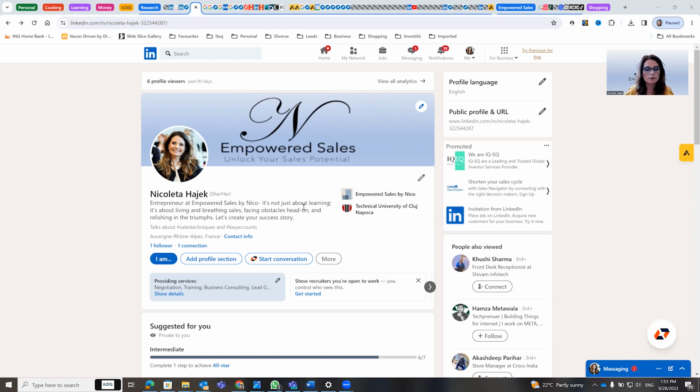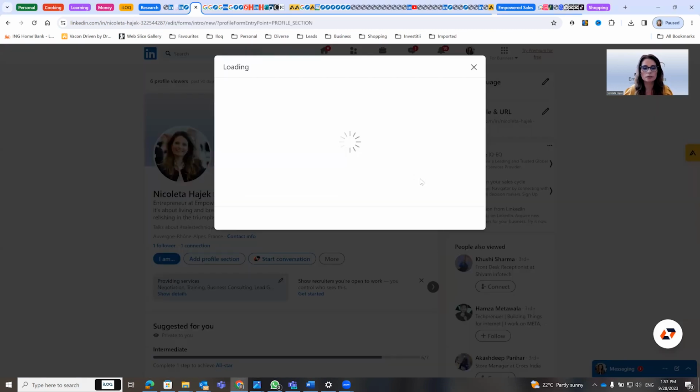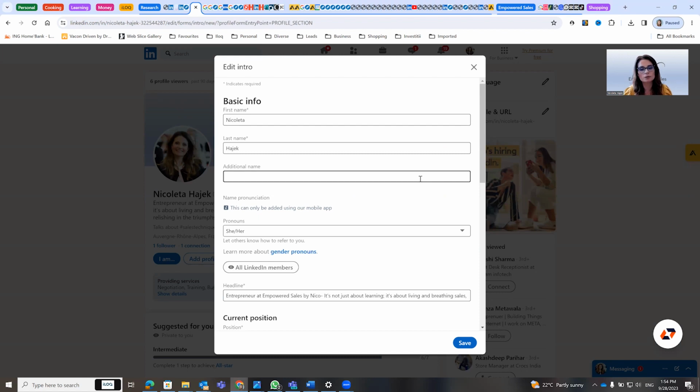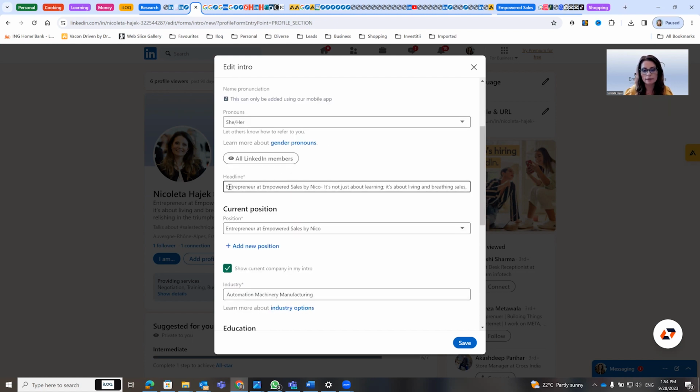Then here you can see you have the space to enter a good headline, talking a little bit in one phrase about you, about your goals, about what you are looking to obtain. So basically you have the basic information, and here in the headline you can put whatever information you want that will describe what you are searching for in the network and what describes your activities.